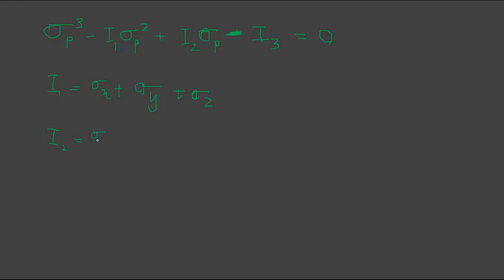Oh, that is sigma x sigma y plus sigma x sigma z plus sigma y sigma z minus tau xy squared, tau yz squared, minus tau zx squared, right?